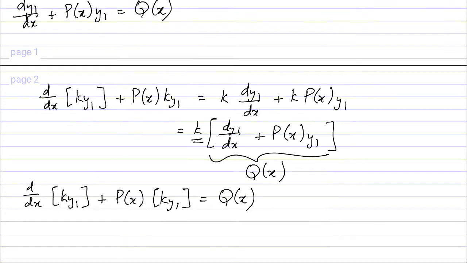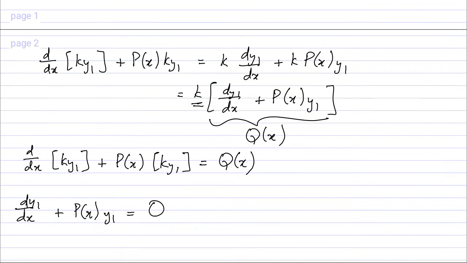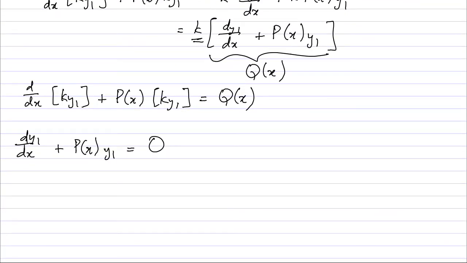However, if you had a homogeneous first order linear differential equation, then you would be fine. Because then you have essentially that dy1/dx plus p of x y1 is equal to 0, because now you're dealing with the homogeneous first order linear differential equation. Then you can go on and say, what about k y1?